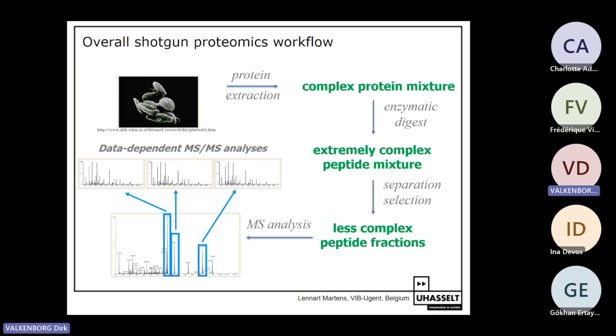As a consequence, we have some overlapping peptides in a mass region, and we are confronted with a complicated problem. But again, there are bioinformatics solutions to solve that. In this lecture, I will just restrict myself to this data-dependent acquisition.